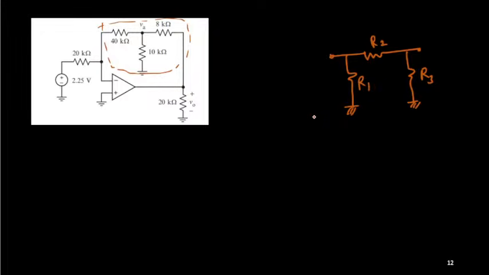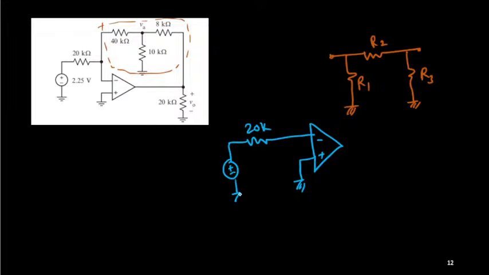Okay, now if you connect the rest circuit, the rest circuit is here. This is minus plus, this is grounded. This is your 20K. This is supply voltage 2.25 volt.